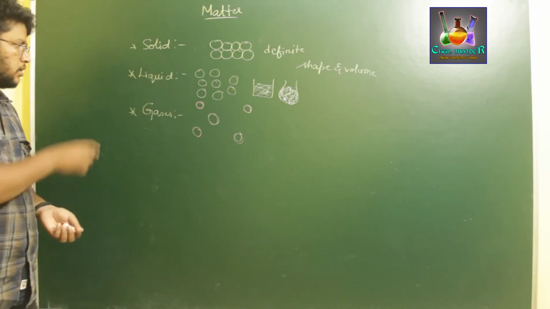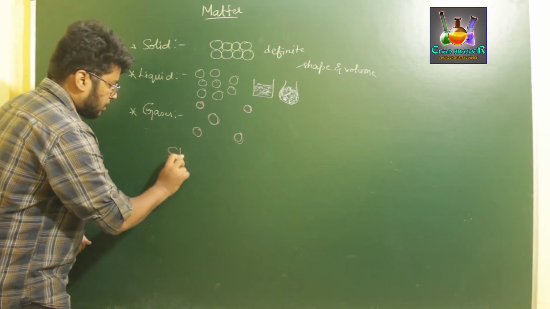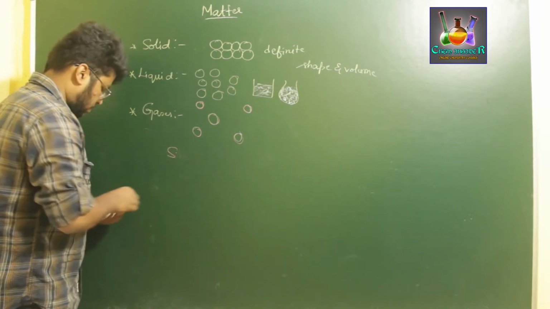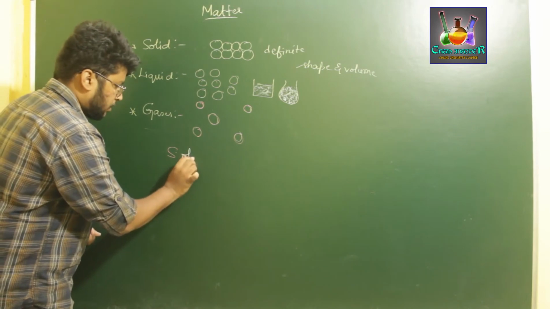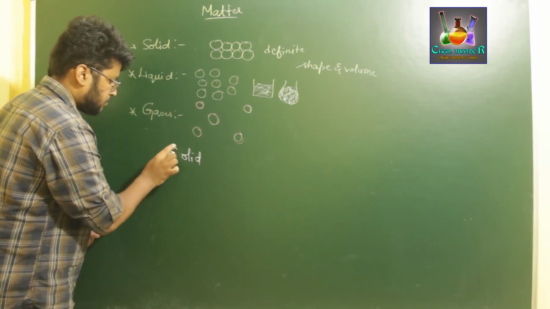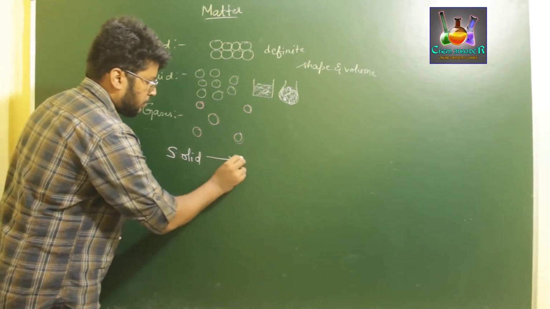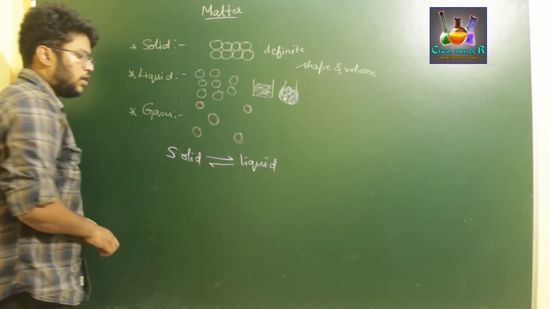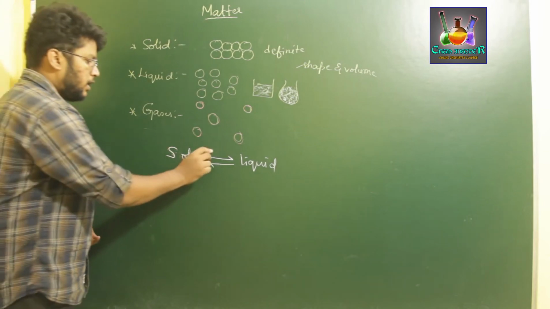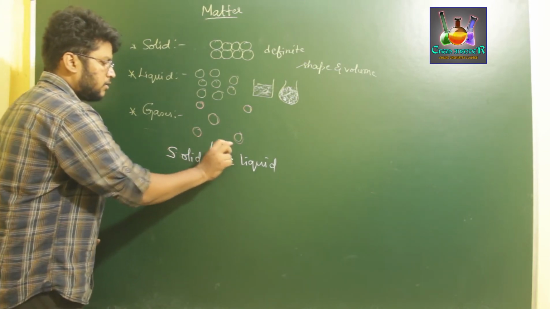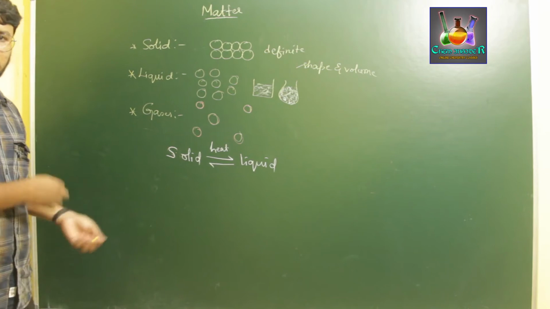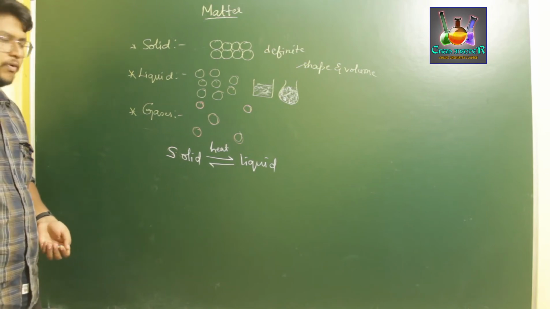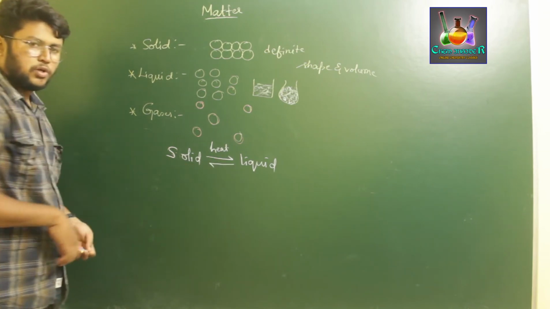Further, these three states can be interconvertible. That is, solid can be converted to liquid, and liquid can be converted to solid. Solid can be converted to liquid by heating; if you heat it, it melts to form liquid, whereas liquid on freezing forms solid.